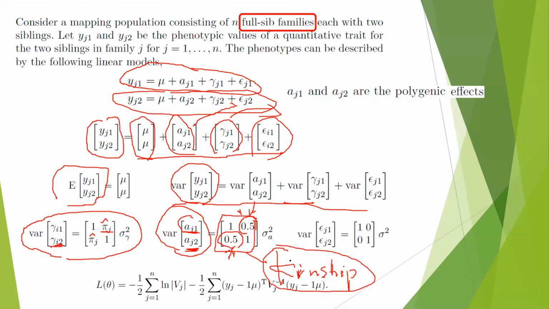It means you use this matrix structure to capture the relationship between the individuals in your study population. So this is the overall genetic variance. This is the only difference; other than that, you can use the same strategy to get the solution.